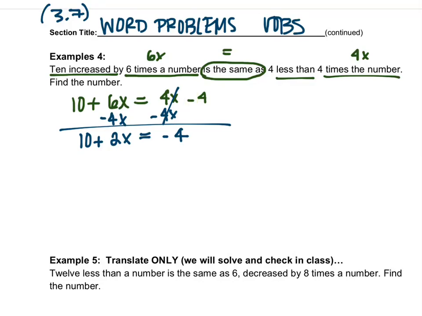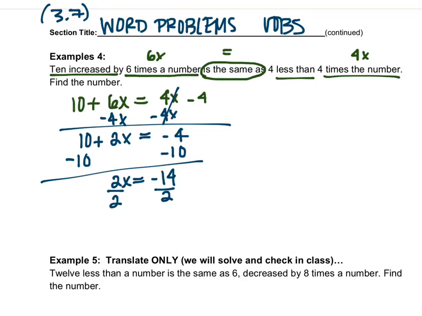Solving, I'm going to subtract 10 on both sides. And that gives me 2x is equal to negative 14. Intuition tells me that x is going to be negative 7, so if I divide by 2 on both sides, I do find that x is equal to negative 7.